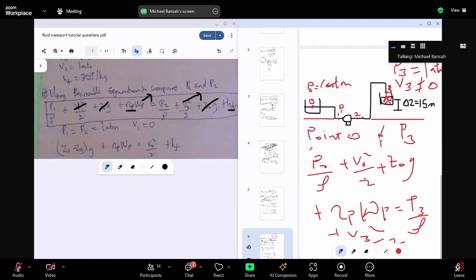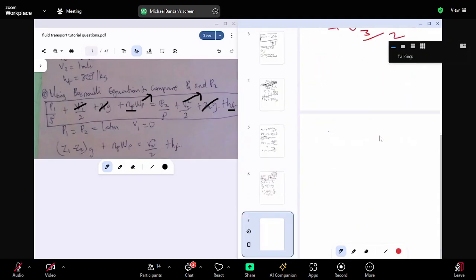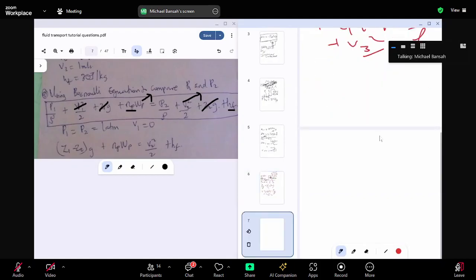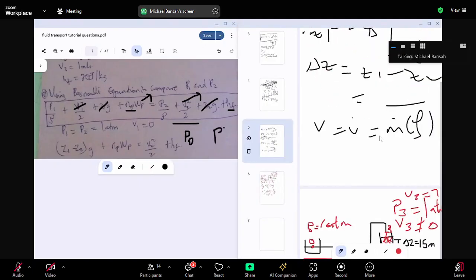All right, so when you continue from where we've gotten to, remember that we've already done the Bernoulli for point 0 and point 2. Let me check my diagram again.